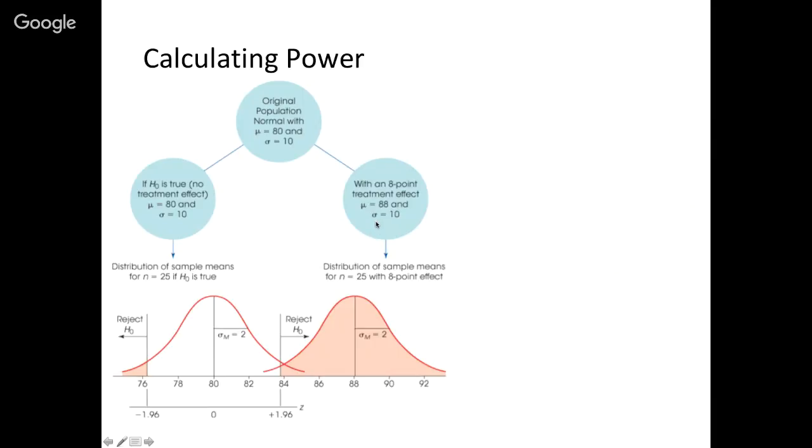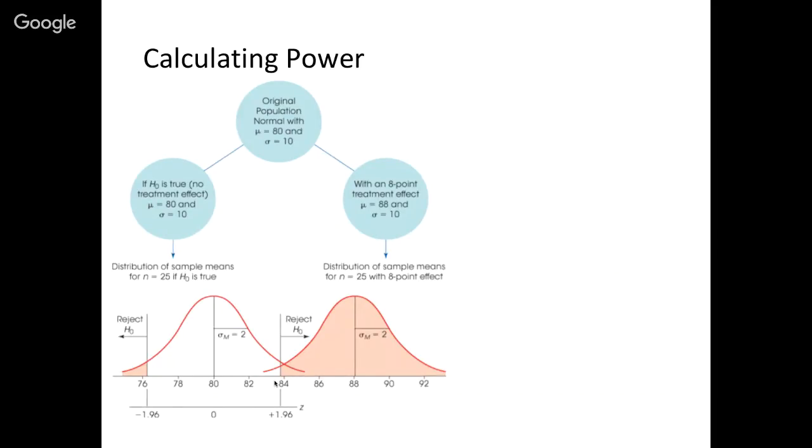This is our assumption of this hypothesis testing: the standard deviation will not change. So this is our sample after treatment. And then we are asking what's the probability that we correctly reject a null hypothesis. Because it's a two-tailed test, these two vertical lines are the boundary of the critical area.